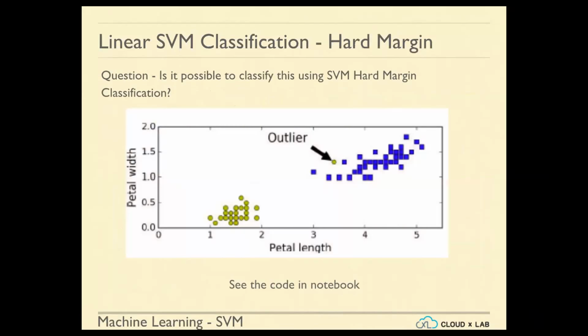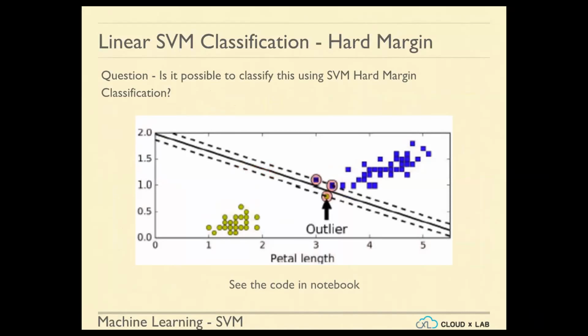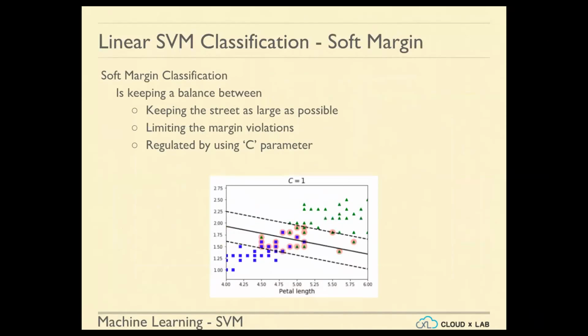Then we talked about soft margin versus hard margin. Hard margin basically means we don't tolerate even one instance on the wrong side of the decision boundary, right? So hard margin is not practical, while the soft margin is more practical, right?